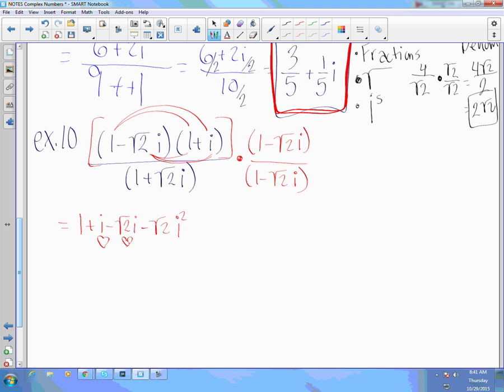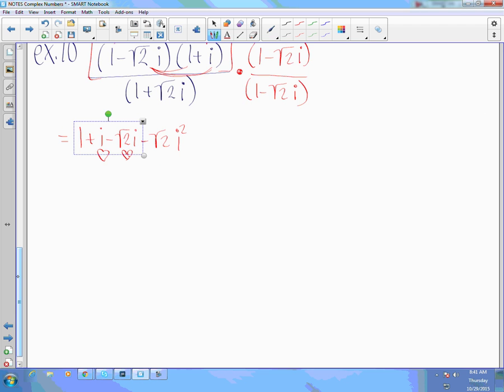But what is 1 minus root 2? Is that something we can write easily? No, so this one I'll leave as is right now. What can change with the I squared? What is I squared? Negative 1. So this is negative 2, negative root 2 times negative 1. Wouldn't I just get positive root 2? So plus root 2.